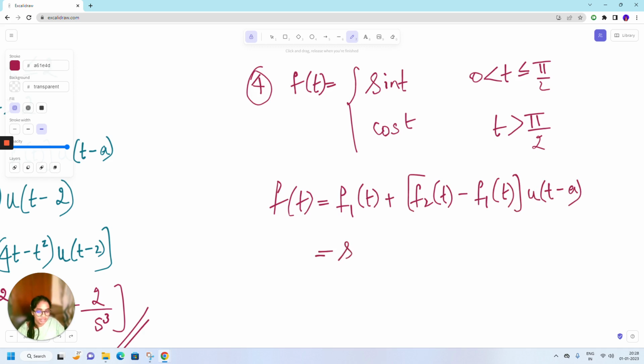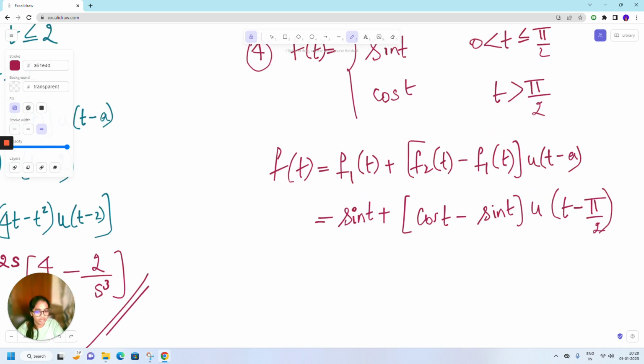I have sin t, plus, in place of f2 of t I have cos t, right? Cos t minus sin t, into u of t minus, in place of a I have pi by 2. Okay, so let me write it as pi by 2. Yes, now what should I do?